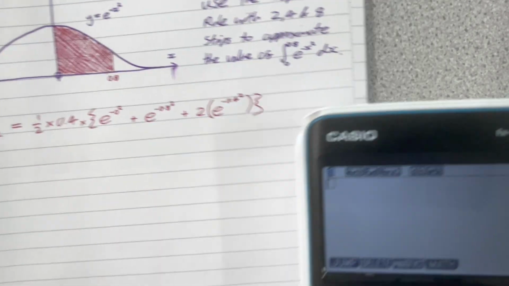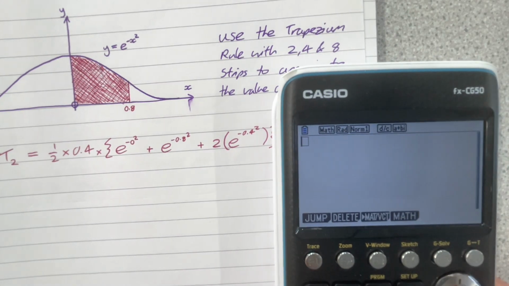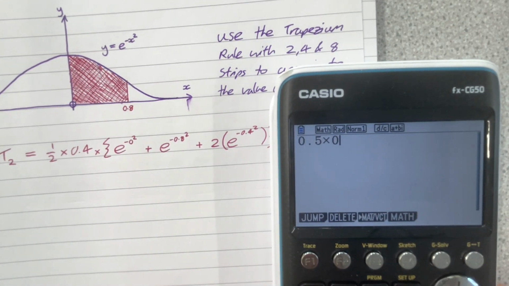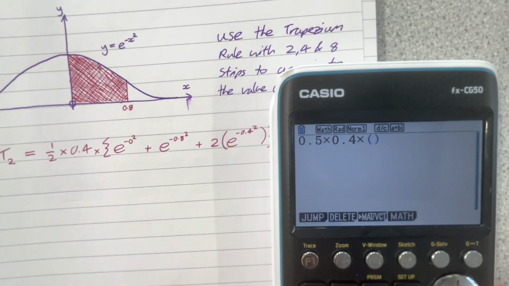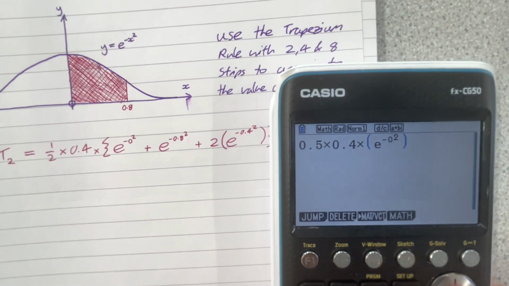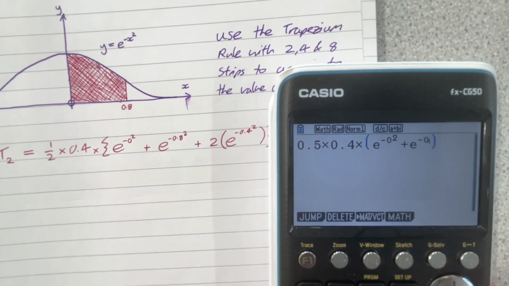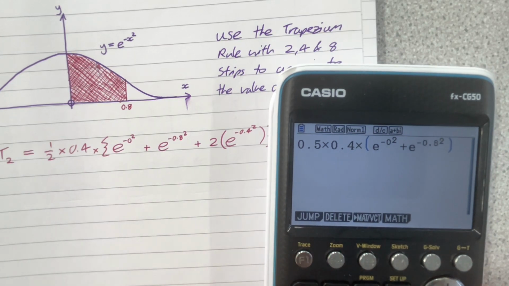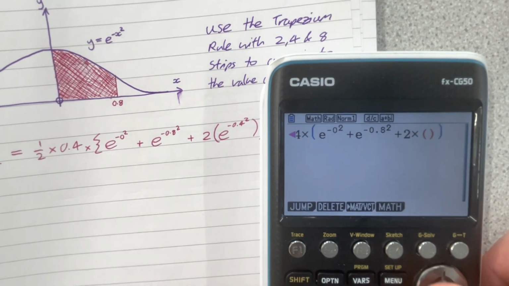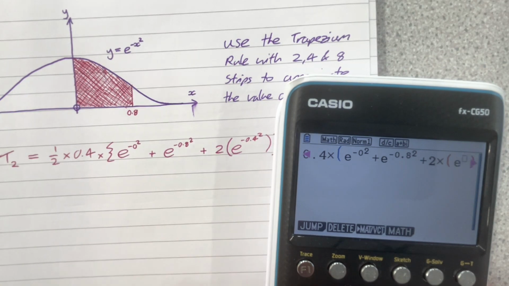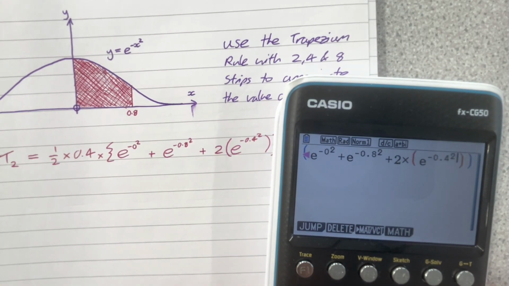Right, so let's get the calculator out. And T2 is going to be a half times 0.4 times, and then I've got e to the power of minus 0 squared, which is obviously just 1, plus e to the minus 0.8 squared, and then I've got plus 2 times, and then in there I've got e to the power of minus 0.4 squared.